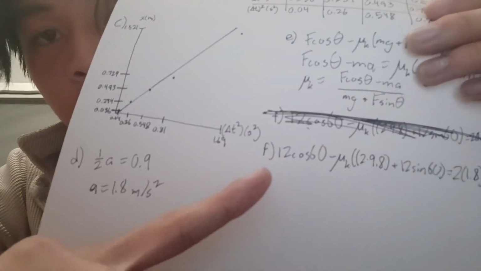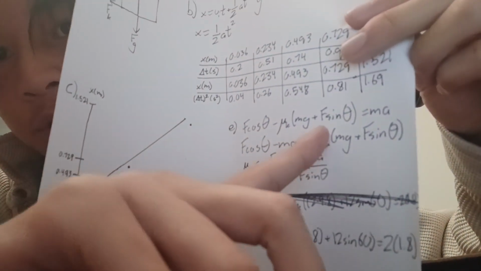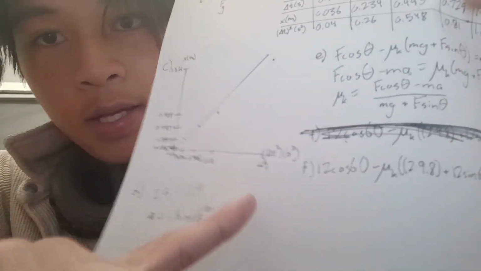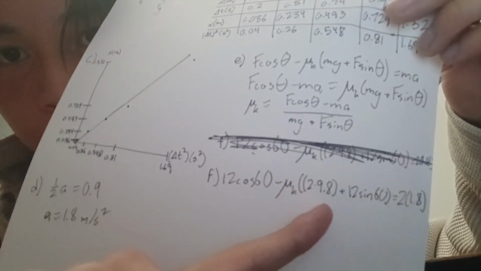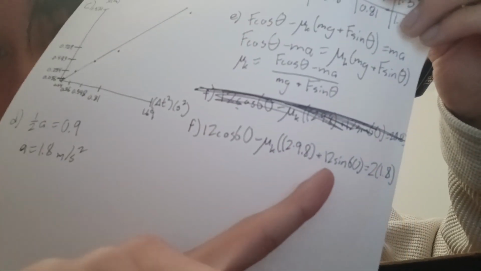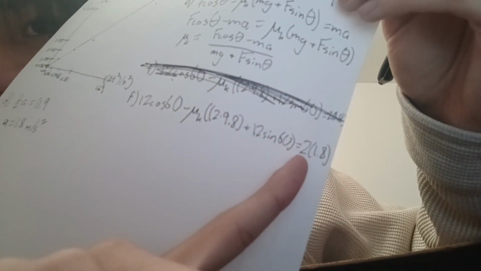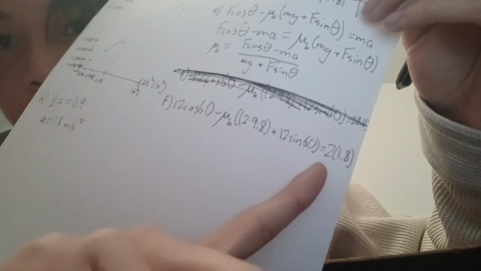So just use this equation that we found earlier: 12 cosine 60 minus mu k times mg plus 12 sine 60 equals the mass 2 times the acceleration 1.8.